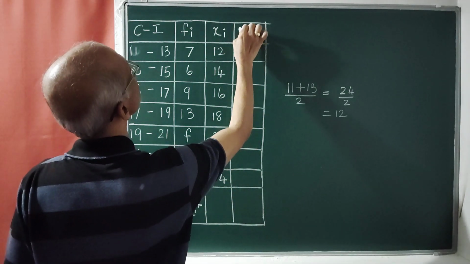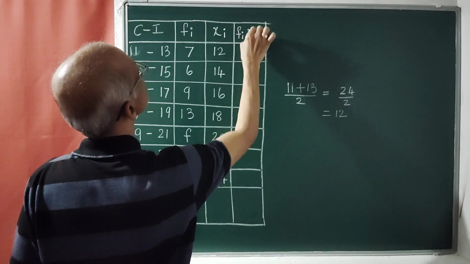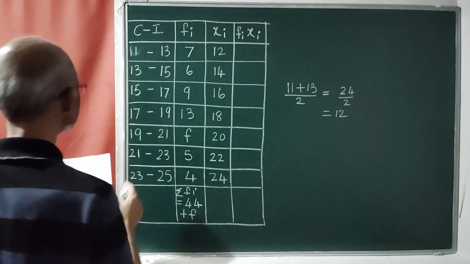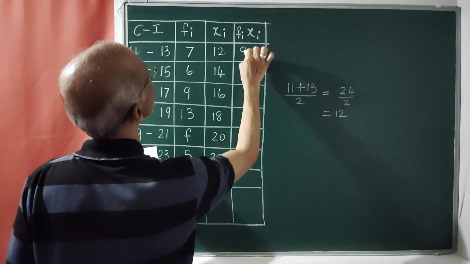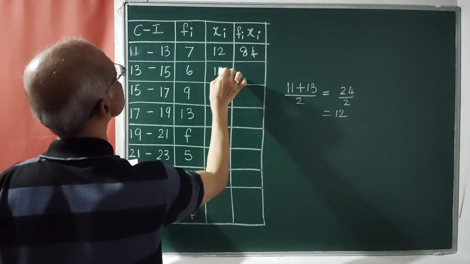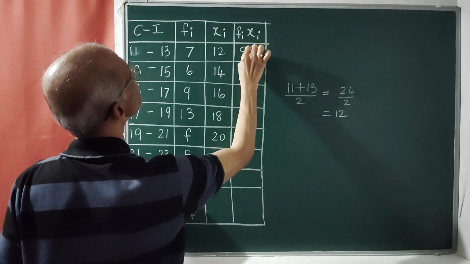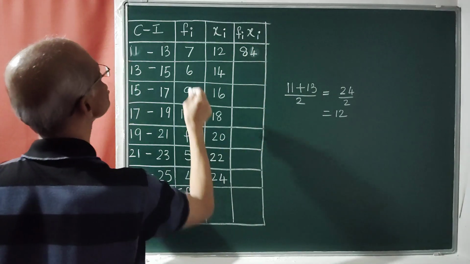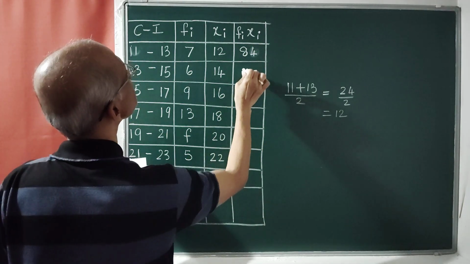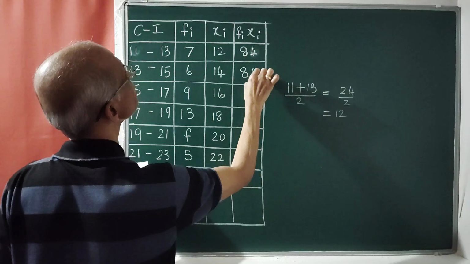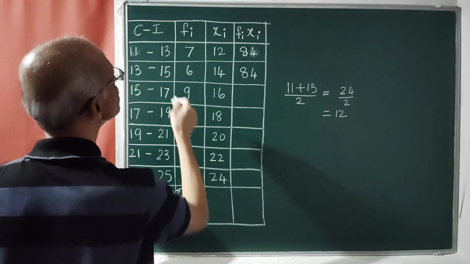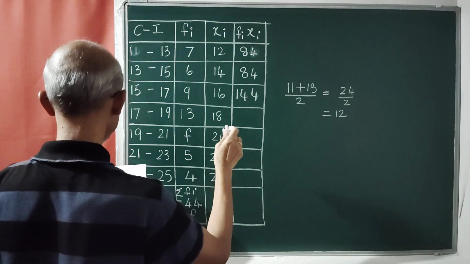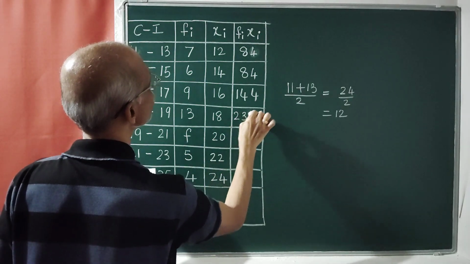Then find xi fi, fi into xi. 7 into 12, 84. 6 into 14, this also 84. 144. 13 into 18, 234.